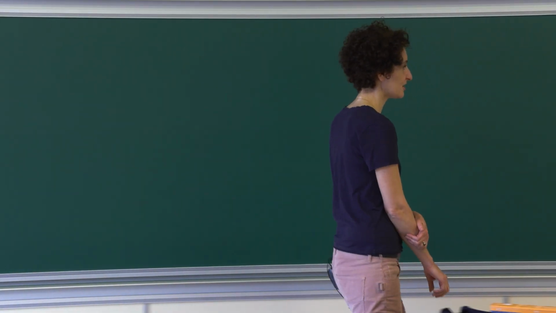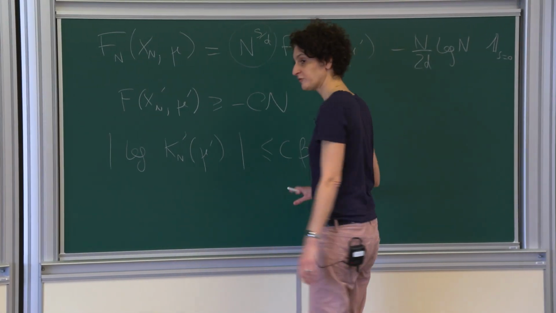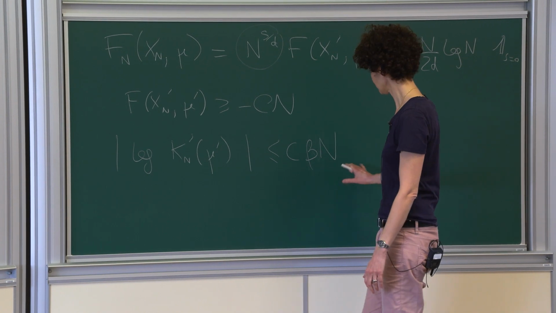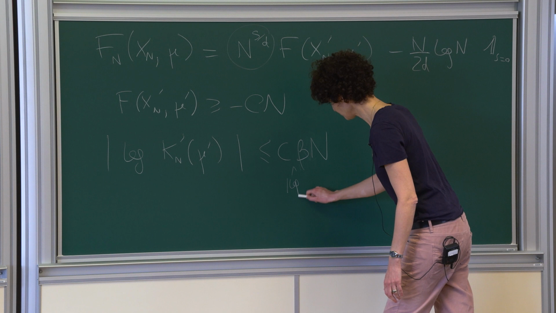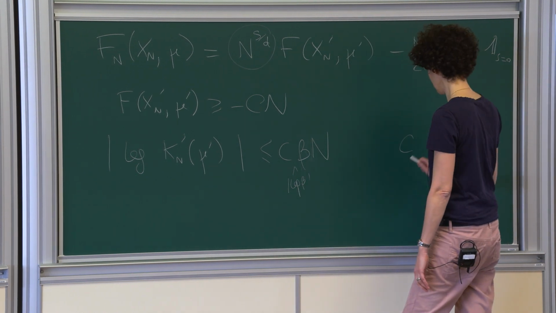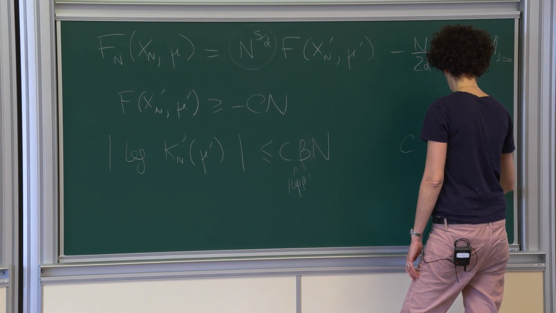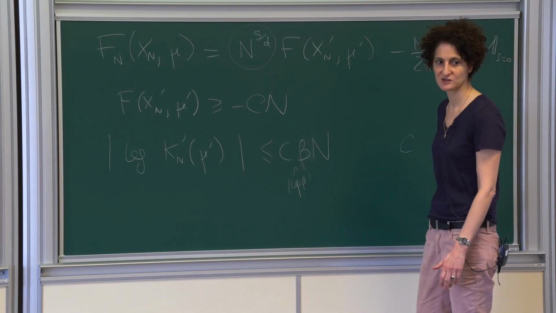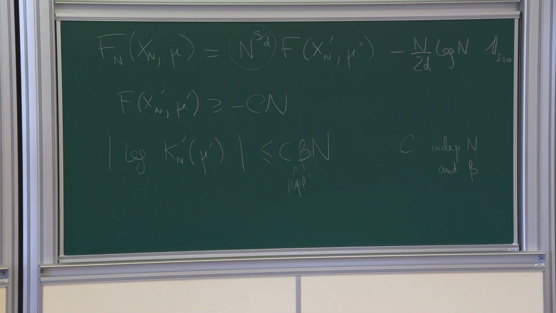Okay, but one of the, I would say, flexibility of the approach is that so far everything is beta independent. So the C, as I told you, there may be a log beta that you need to add here. But the C is independent of n and beta, because we want to be able to still play with beta depending on n. Okay?